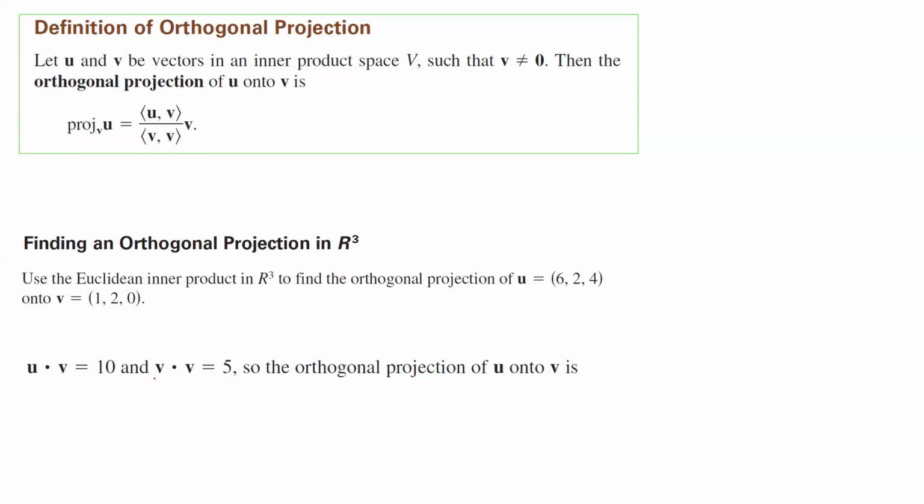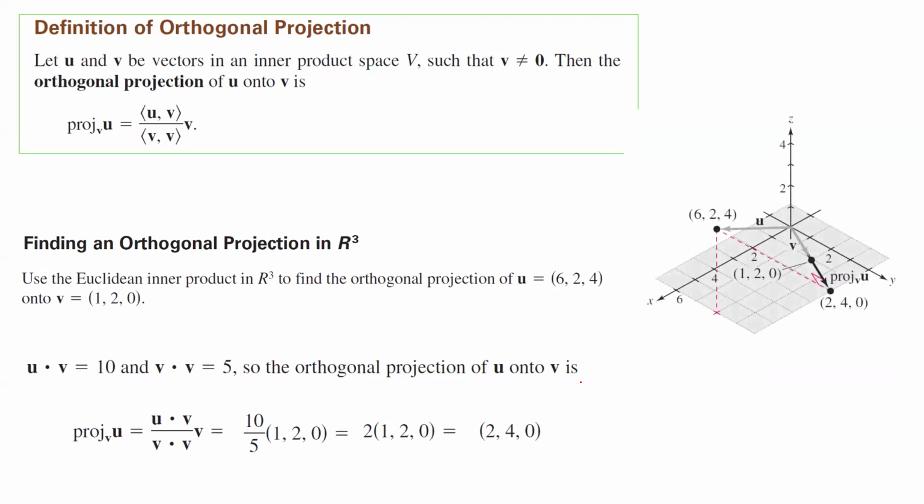The dot product between v and itself is 1 times 1 plus 2 times 2 plus 0 times 0, which is 5. So you can find the orthogonal projection of u onto v as 10 divided by 5 multiplied by vector v, which is (1, 2, 0). So you have 2 times (1, 2, 0), which is (2, 4, 0).